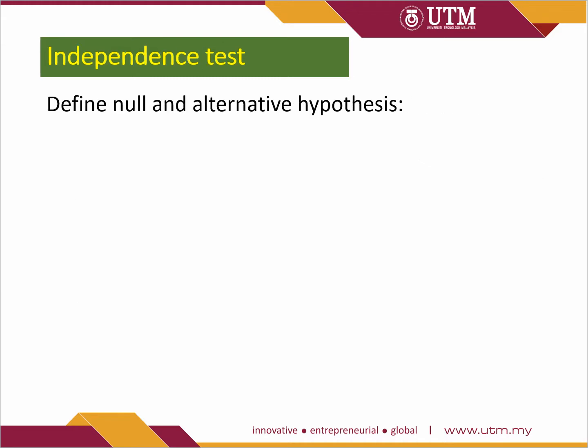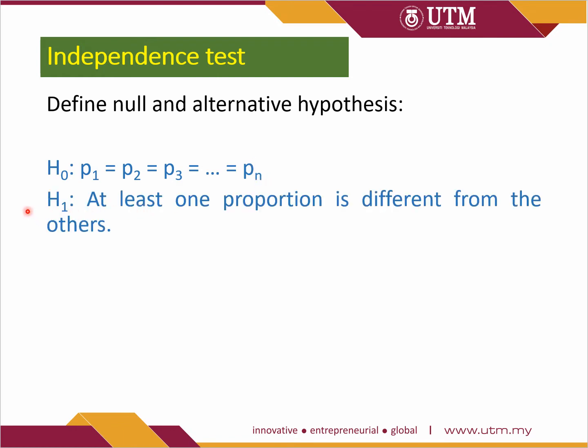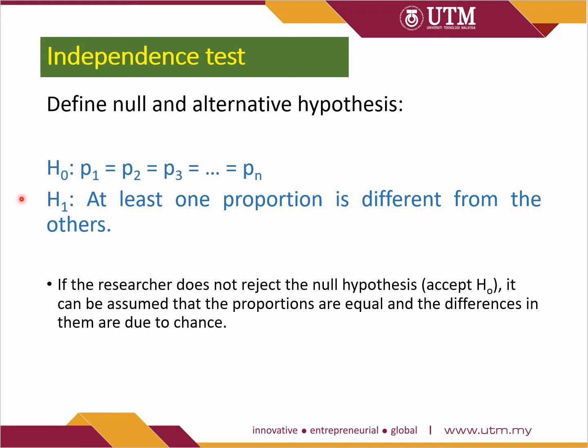So the null and alternative hypotheses can be defined as follows: the proportions of people for each group are the same. It depends on how many categories you have, and then the alternative hypothesis would be that at least one proportion is different from the others.